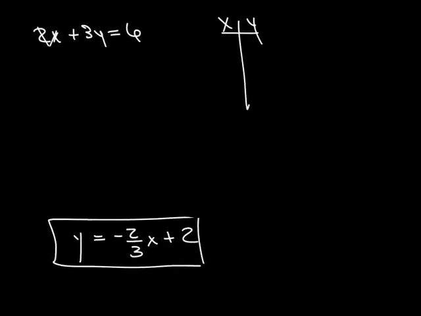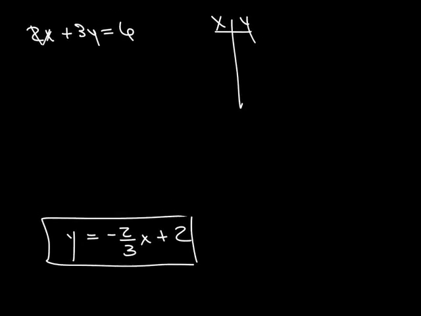What we're going to do is put a number in for x, multiply it by 2, divide by 3, add 2, and it'll spit out a y. The number that I put in for x needs to be a number that 3 goes into, because it'll take away the fractions.